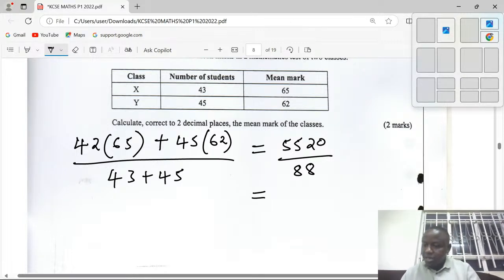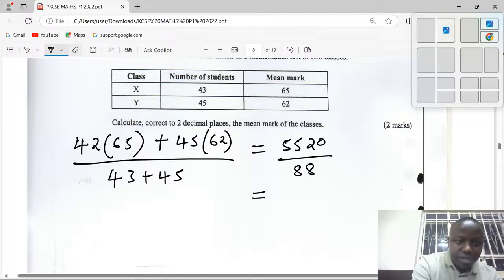Just a minute, let me just confirm that calculation. There are 43 students in the first case, sorry. This is not 42, 43 students. So 43 by 65, then 45 by 62.